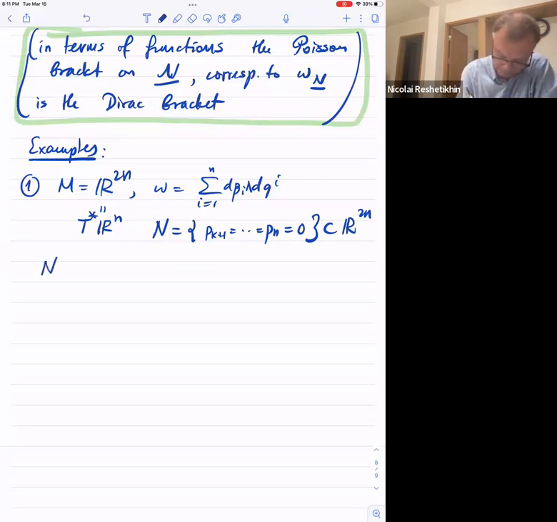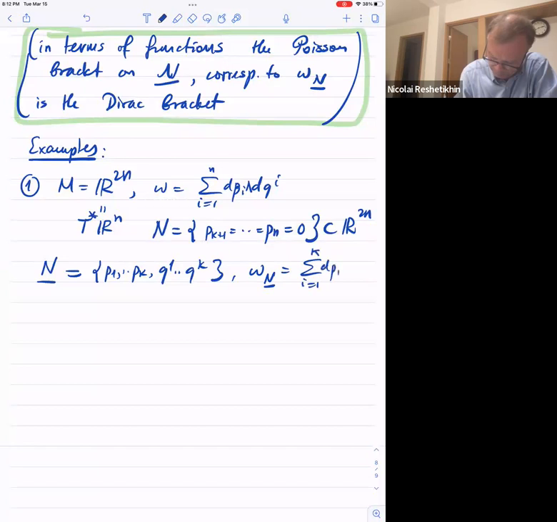And then the result of the reduction is just the manifold with coordinates p_1, ..., p_k, q_1, ..., q_k, and the corresponding symplectic form is the one that was degenerate on N. It's this one. So this is one example.